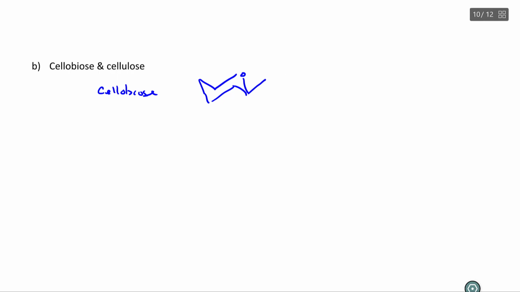So this is a 1 to 4, and then the oxygen is in between. So 1, 4 prime, beta glycosidic bond.